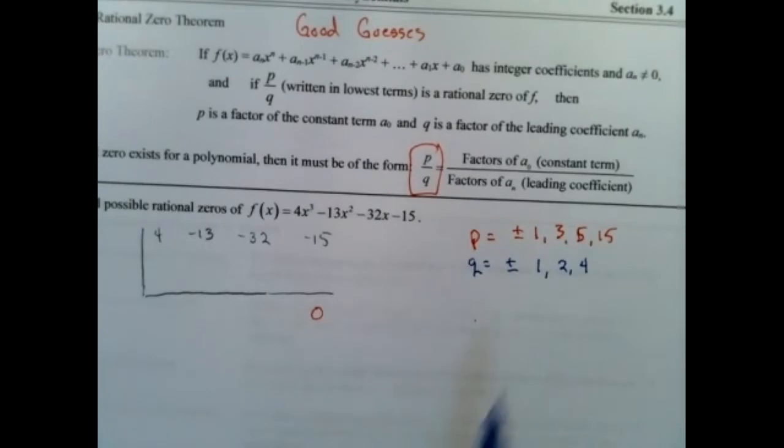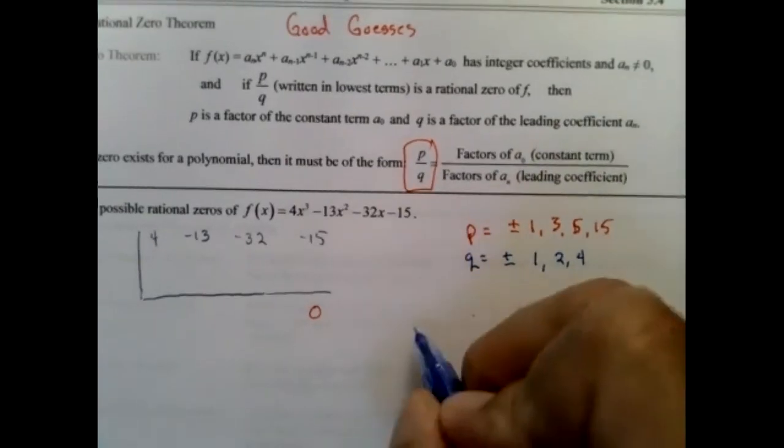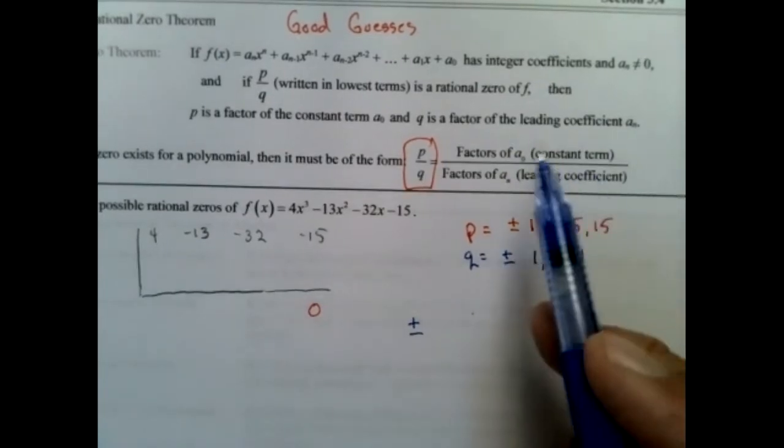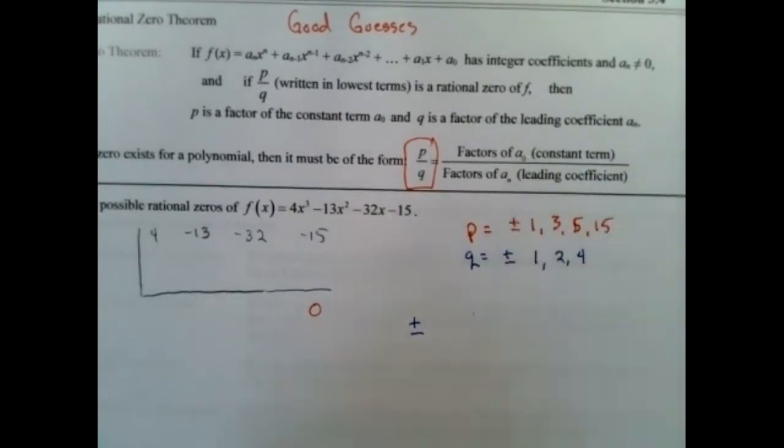Now, this is a lot of good guesses, and this question says just list them all. So let's see what they are. They're going to be plus or minus. P is my numerator, the factors of the constant term. Q is the denominator, factors of the leading coefficient.